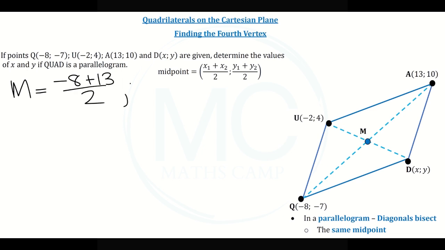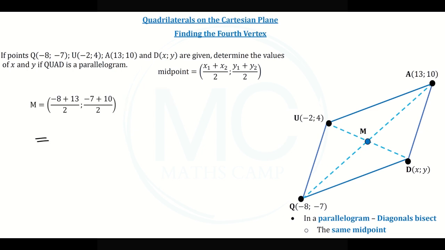For our y-coordinate, we say (-7 + 10) over 2. Now we can simplify. -8 plus 13 gives us an x-coordinate of 5 over 2. And for our y-coordinate, -7 plus 10 gives us 3 over 2. And now we can close the bracket. Now we can make some space and fill in the coordinates of M on our diagram as well.